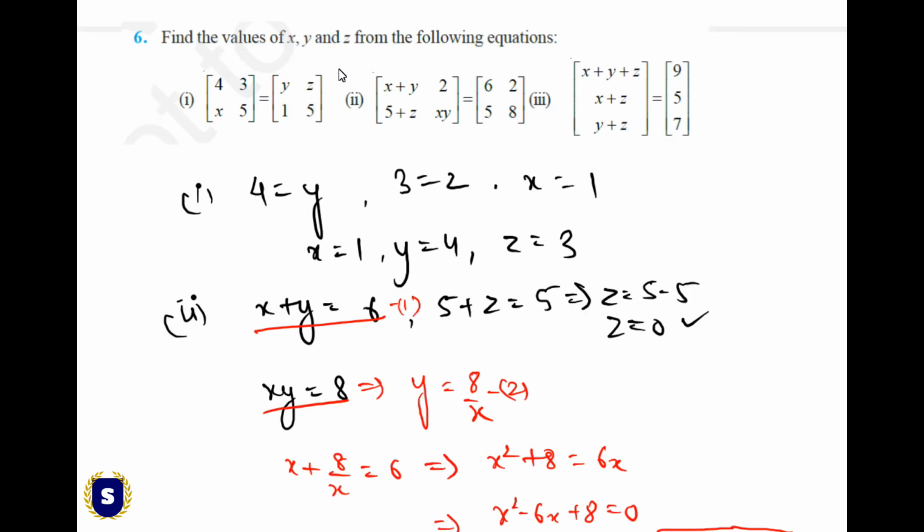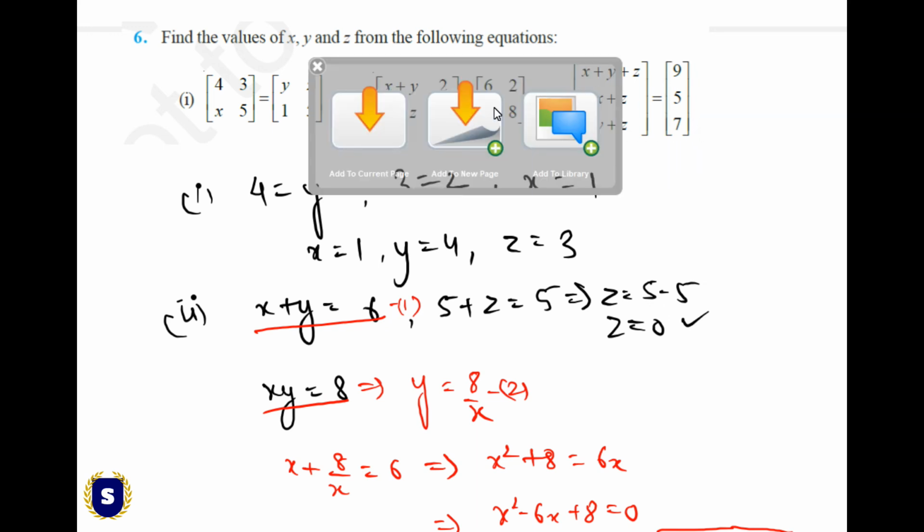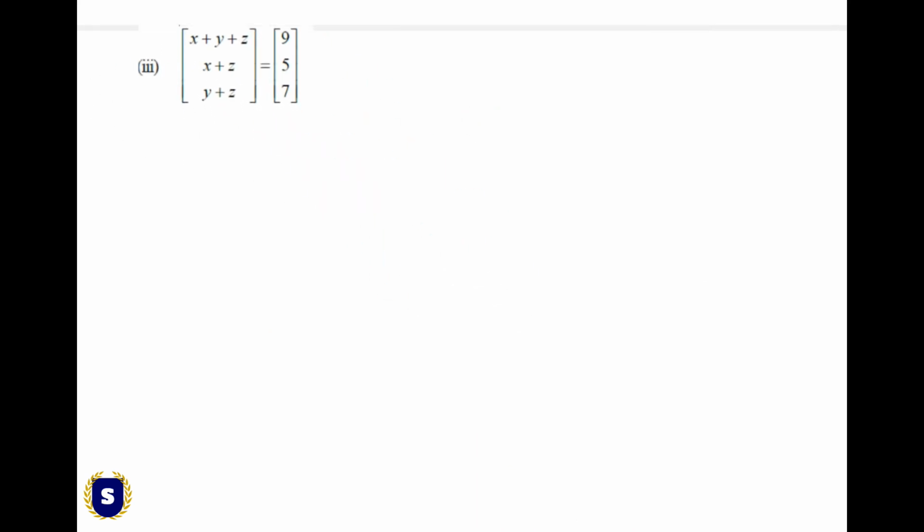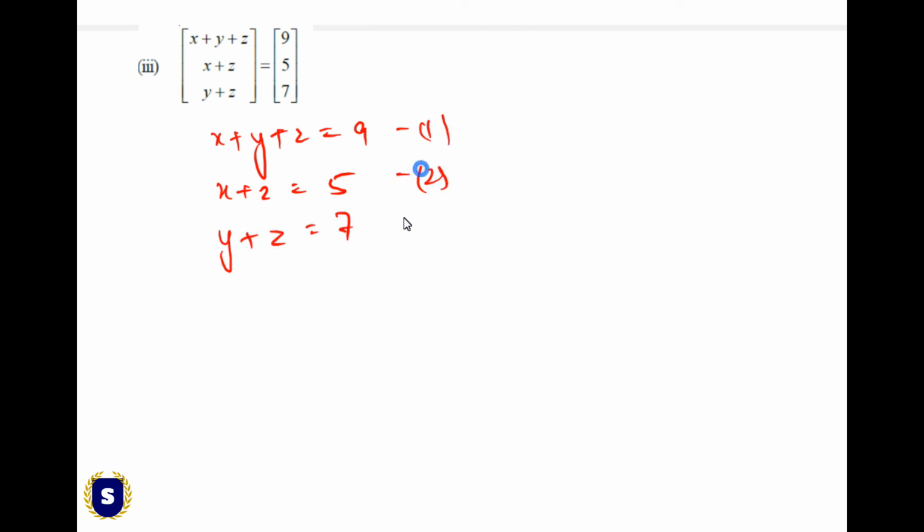So let us solve the third part now. Here we have, comparing both the sides, we will get x plus y plus z is equal to 9, x plus z is equal to 5 and y plus z is equal to 7. Considering this equation 1, equation 2 and equation 3.